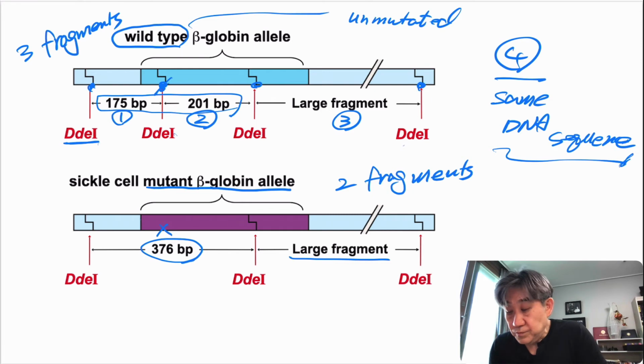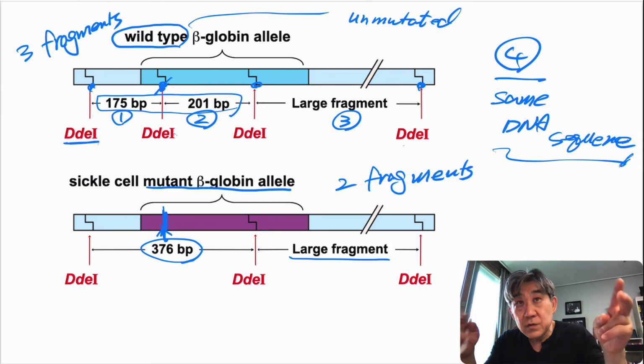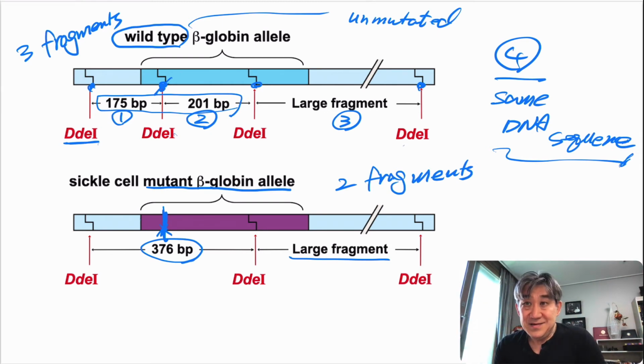Because of the absence of this cutting site, due to the sequence change, this enzyme cannot cut over here, and that's the reason why you have only 2 fragments. And obviously those fragment lengths are changed, so that's the basis of this restriction fragment length polymorphism.